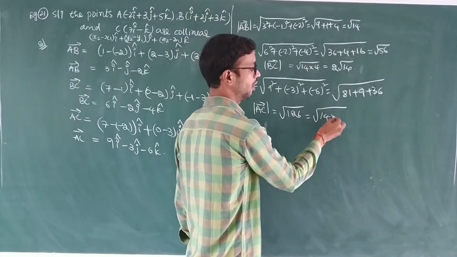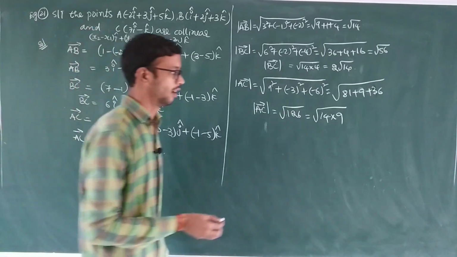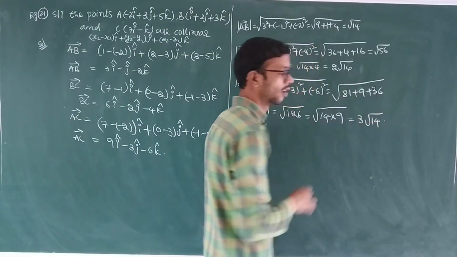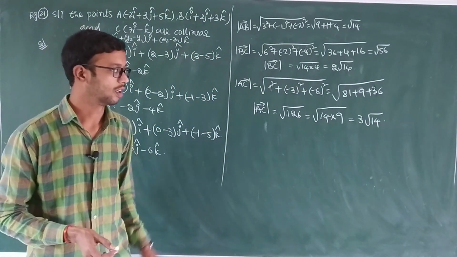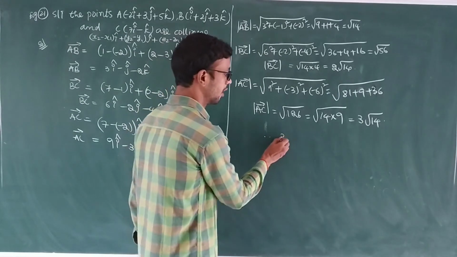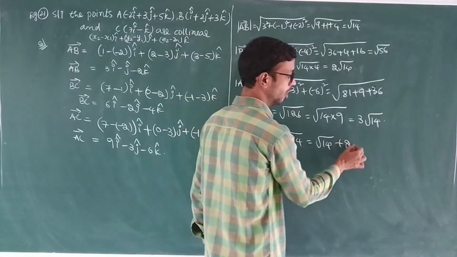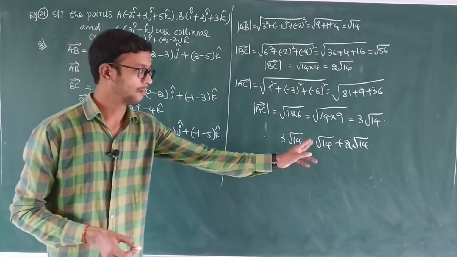In terms of 14, 14 times 9 is 126, so we take out 3 root 14. We can observe that 3 root 14 is equal to root 14 plus 2 root 14, 1 plus 2 is 3.